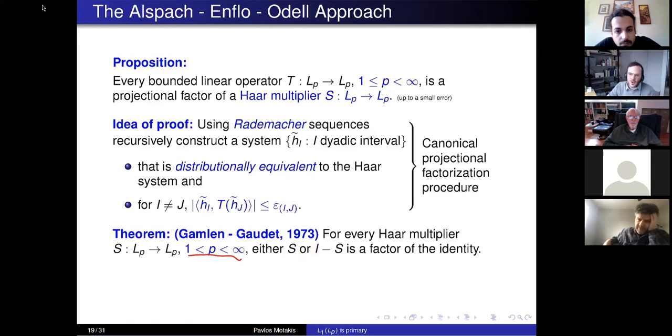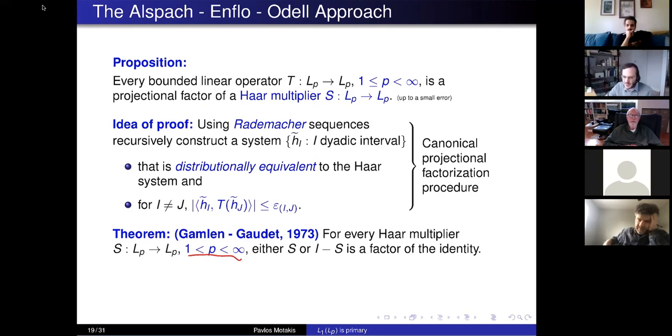And what they actually wrote, they didn't write it like this. What they wrote is that if you take Haar multipliers whose eigenvalues are only 0 and 1, this is how they wrote it, because they were looking at subspaces generated by subsequences of the Haar basis in capital P. But their proof goes through even if you don't assume that they're just 0 and 1 valued multipliers. If they're anything, it still goes through.